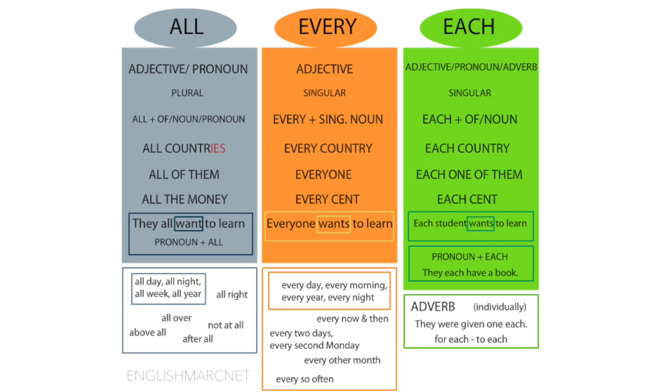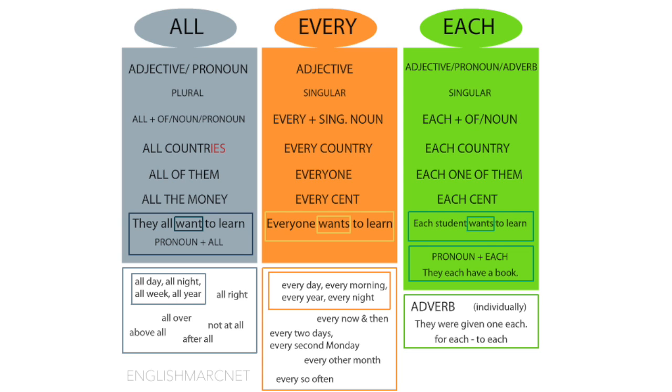So pronoun, they, he, she, it, I, plus all. They all want to learn English. For example, want is in the plural, so obviously we don't add an S at the end of the verb.